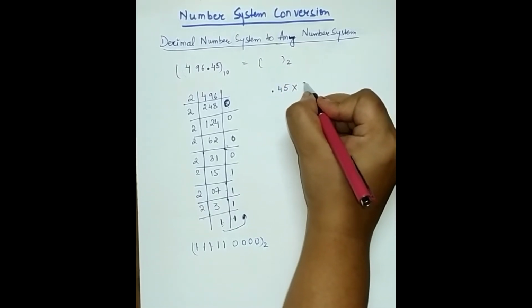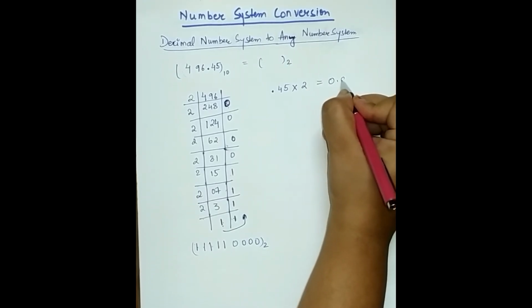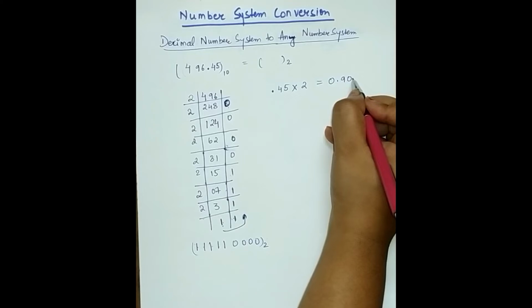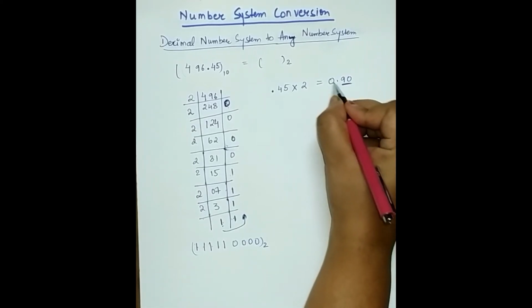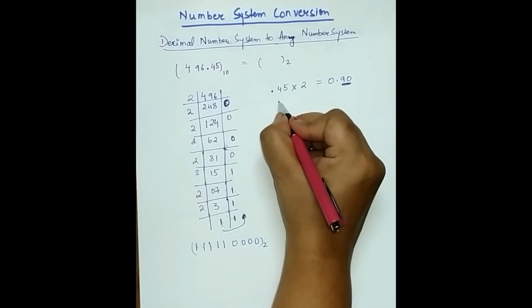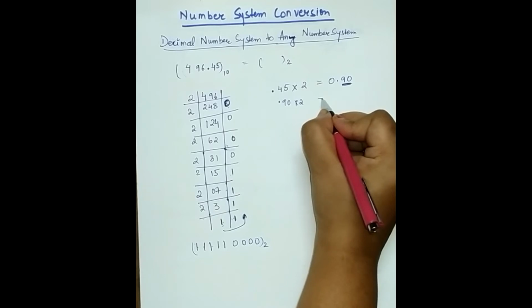So it will be 0.90. Then you will take only this much, you will not take this part. So 0.90 into 2, again it will be how much?